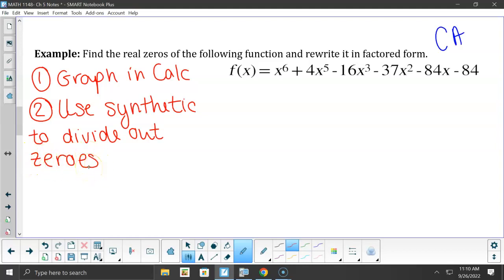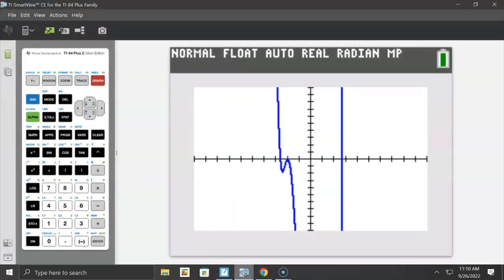And then we're going to go through and use synthetic division to divide out those zeros and get us something a little bit more manageable. So calculator-wise, it should look a little something like this.